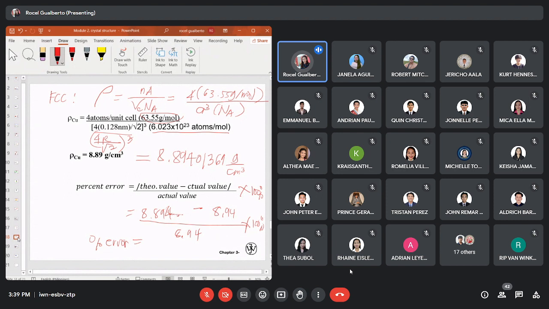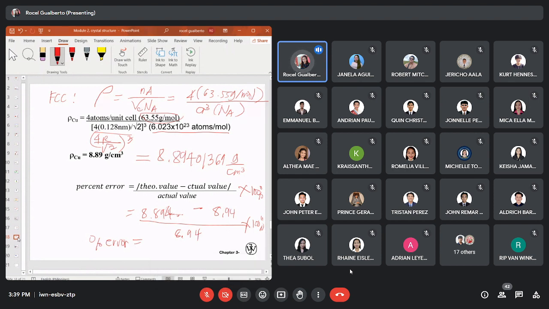Tinatrancate lang po natin siya on purpose of presenting, para po huwag masyadong mahaba yung sinulat dito, lalo na doon sa final answer. Kasi po pag marami po partial answers na ganyan, and lahat po yan ay i-round off nyo, so masyado po malayo yung magiging final answer natin to the real value.